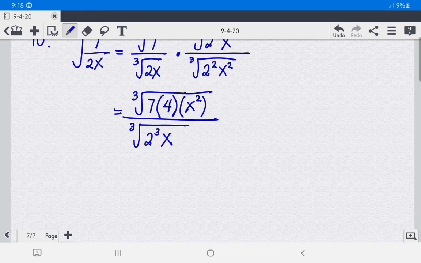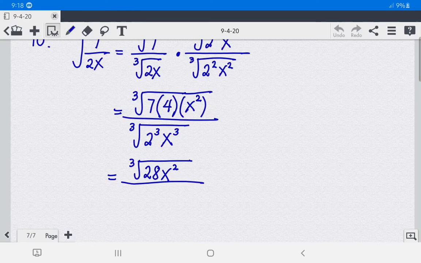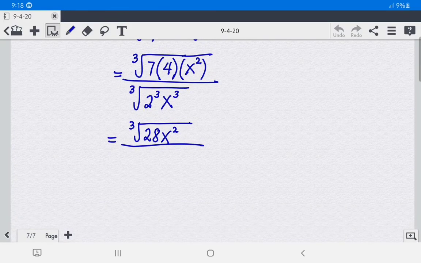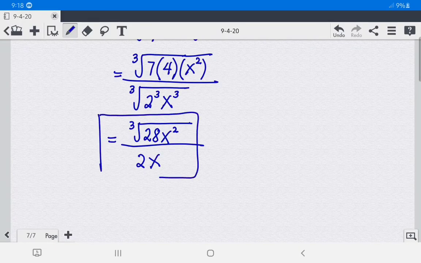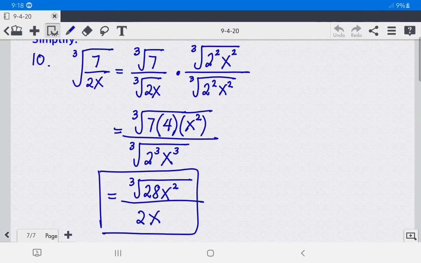Then for the x variable, the same, we have 1 plus 2, we have 3. Then we have here now cube root of 7 times 4, we have 28. Okay? Then x squared. Then over cube root of 2 cube, we have 2. Then cube root of x cube, we have x. Okay, so this is the answer for number 10.